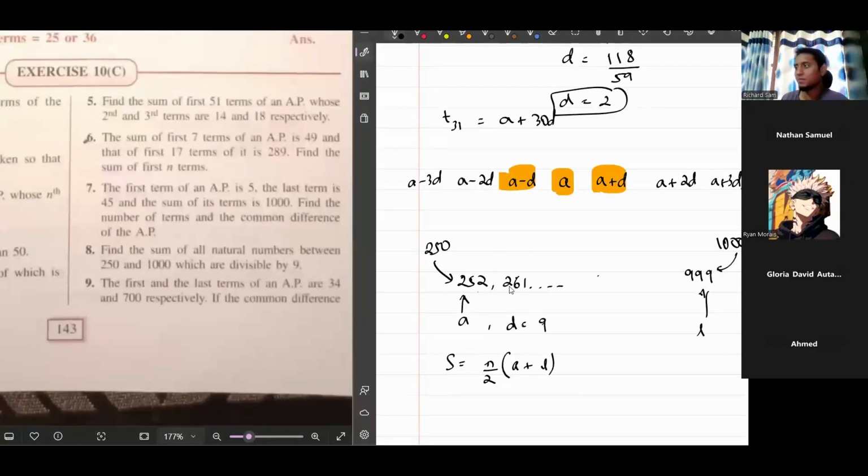See now, since they were multiples of 9, we could find them easily. But what if they say divisible by 73 or something like that? Then you'll have to divide by 73 and find out which number is in 73 tables, because questions like that are also there.